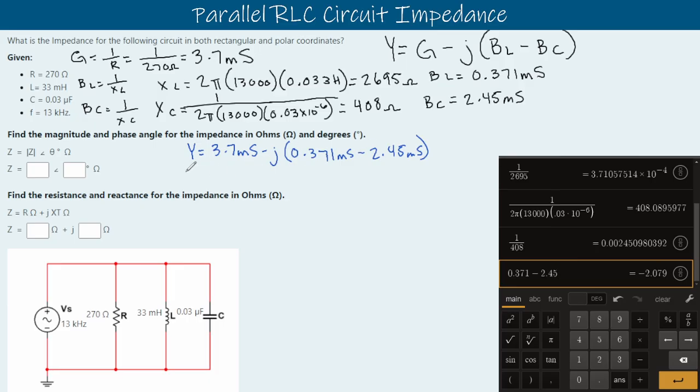That gives us that double negative, and so we'll say that our final admittance value, Y, is equal to 3.7 millisiemens plus J, so that negative on that J up here, and the negative for this one is going to cancel each other out. And so we'll have a positive there, and we'll say that it's 2.079. We can round that up to 2.08.